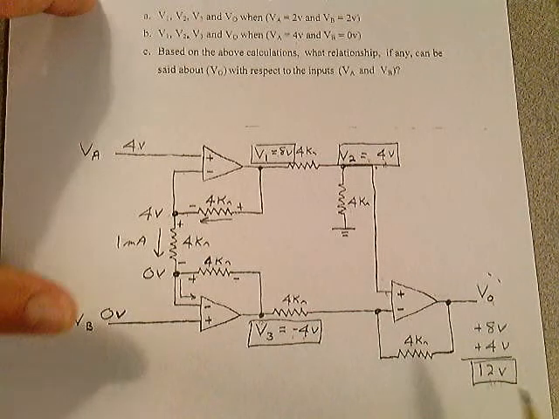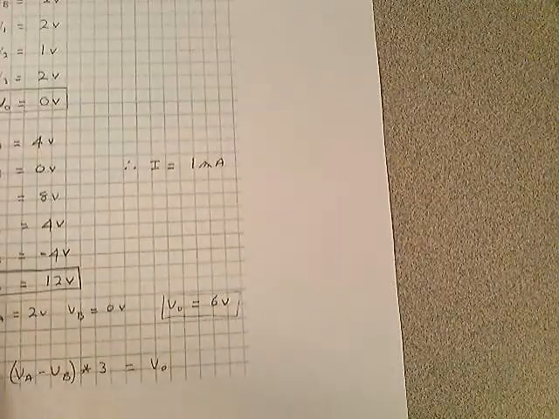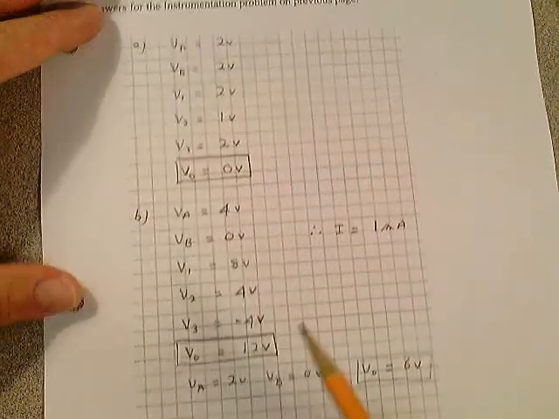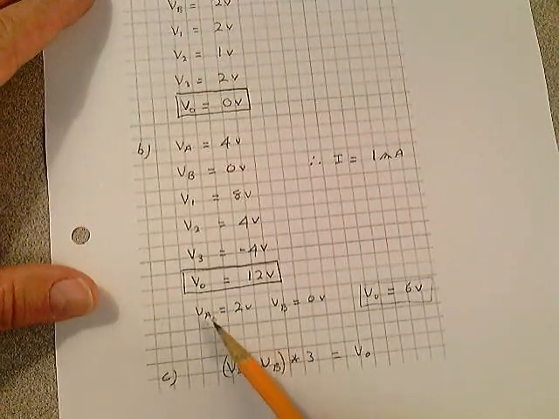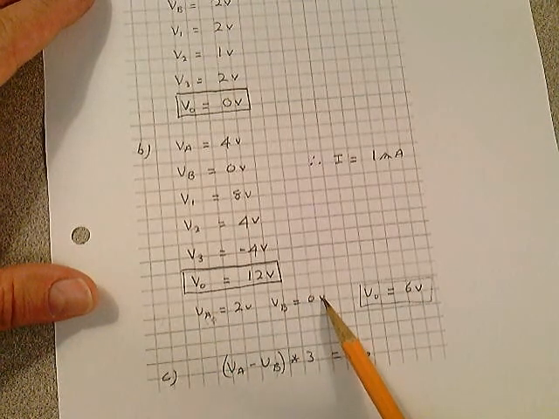Well, what I'd like you to do, if you look at page number 86, is go ahead, and I didn't give you the individual voltages on page 86 like I did here, but let's let VA equal 2 volts and let VB equal 0 volts.